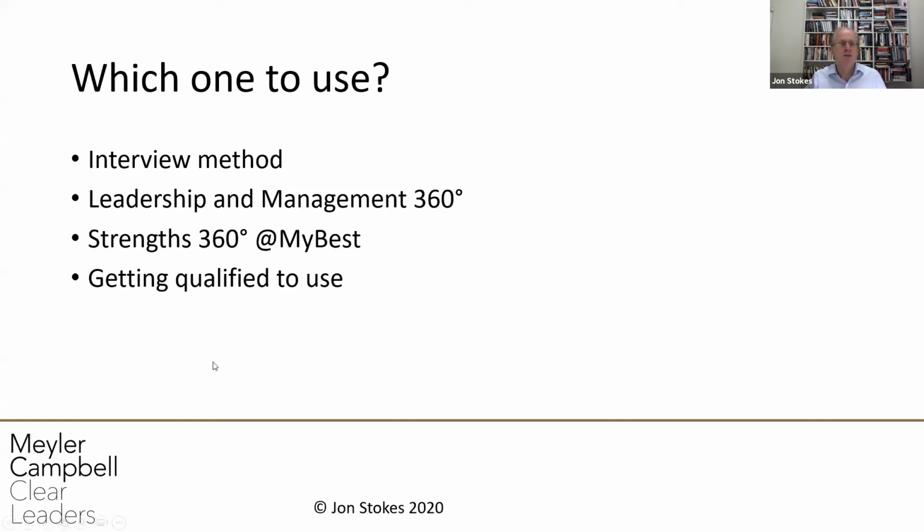Then there was the 360 instrument that I took you through. That has its advantage of broad breadth, covering the waterfront in terms of the kinds of things a strong senior leader, manager should be good at. So we're making sure we're covering all the necessary behaviors, and we're seeing the difference numerically between how you rate yourself, boss, peers, direct reports, and perhaps clients as well.